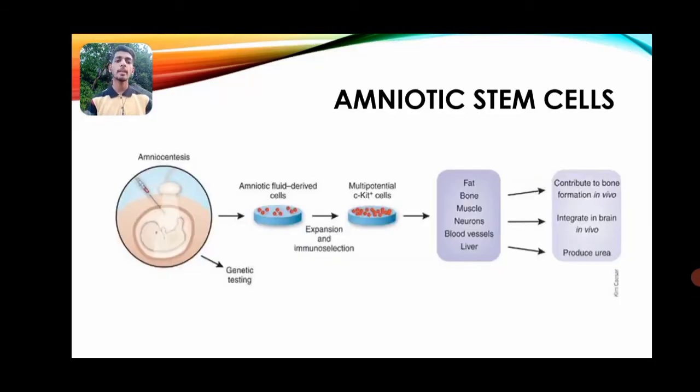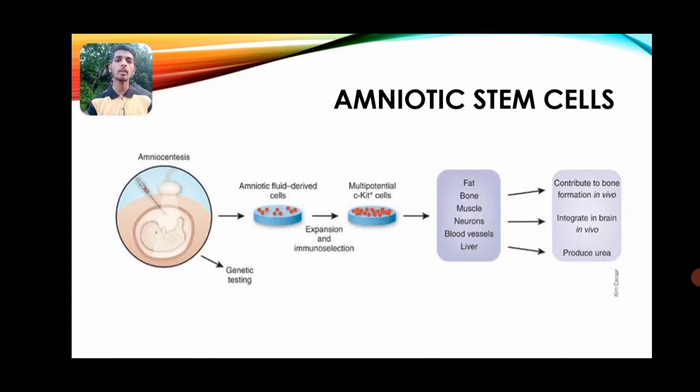So next is the amniotic stem cell. Amniotic stem cells are obtained from the amniotic fluid and amniotic membrane, and develop into various tissues. Amniotic stem cells are found after the fertilization of sperm and egg takes place.